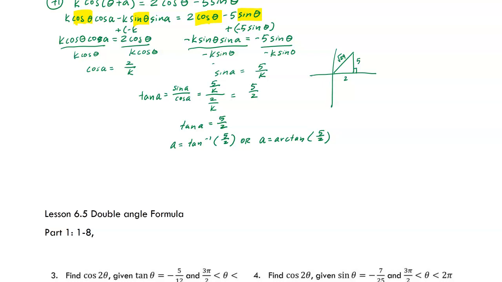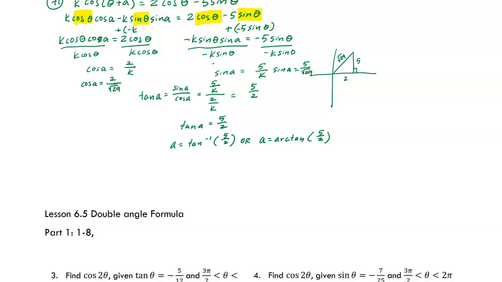So I know that my k value is square root of 29. Cosine is 2 over the square root of 29, and sine is 5 over the square root of 29.